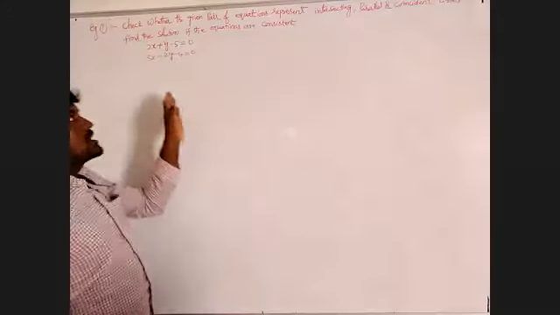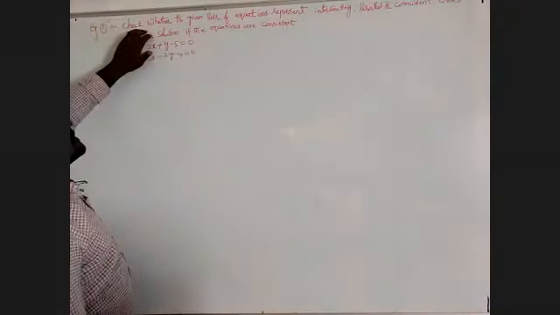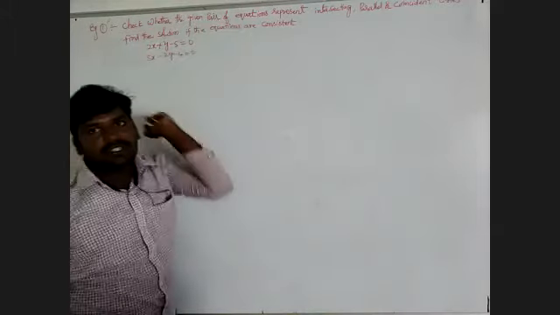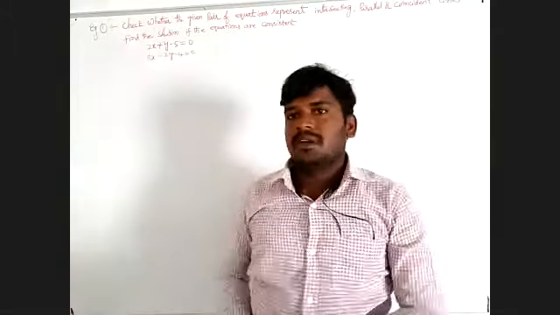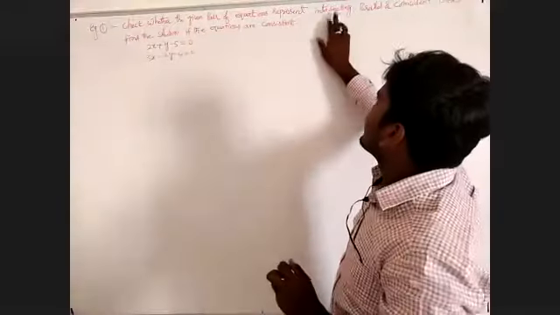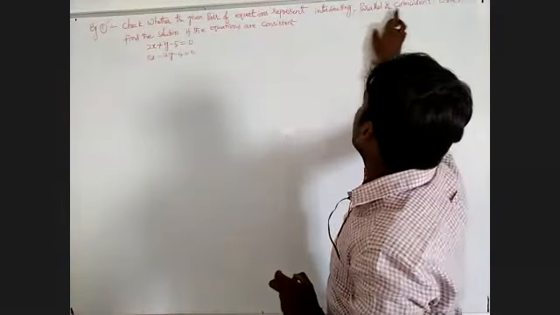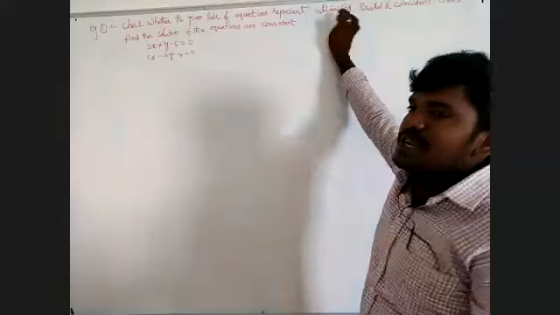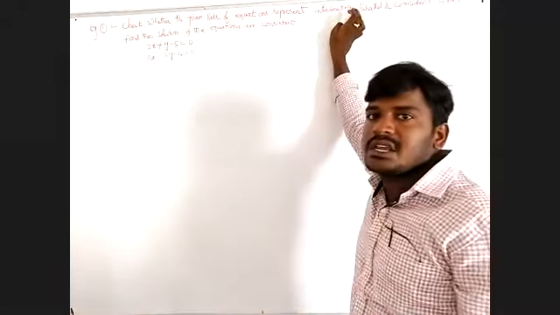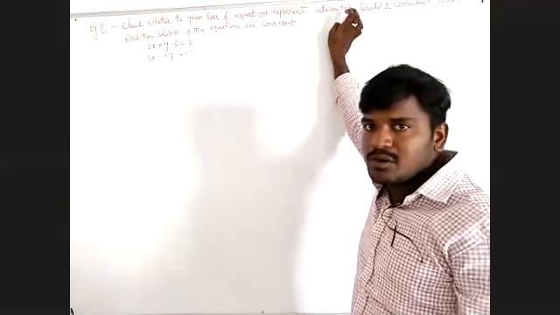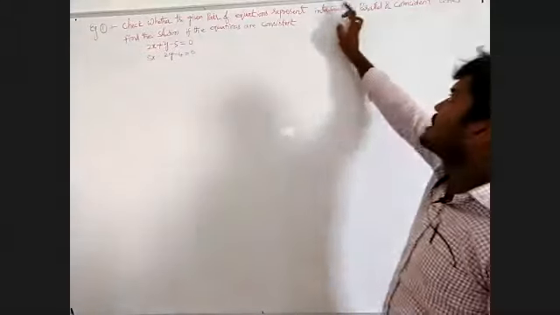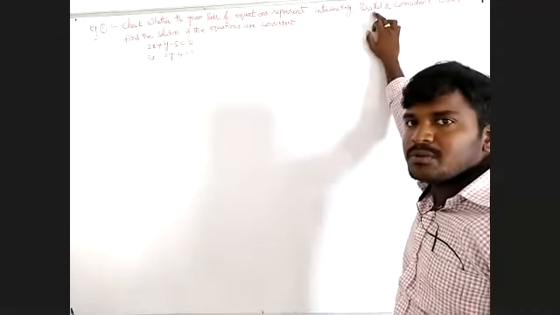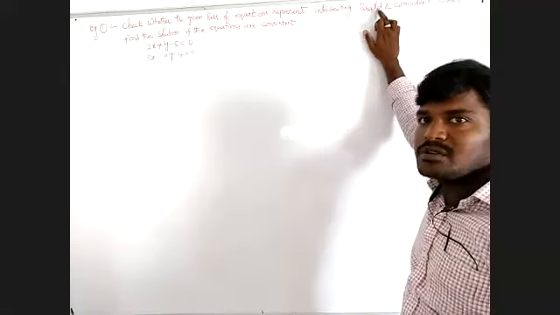Listen. What is given in this problem: check whether the given pair of equations represent intersecting, parallel or coincident lines. When the lines are intersecting, the condition is a1 by a2 does not equal b1 by b2. Parallel means a1 by a2 equals b1 by b2 does not equal c1 by c2.